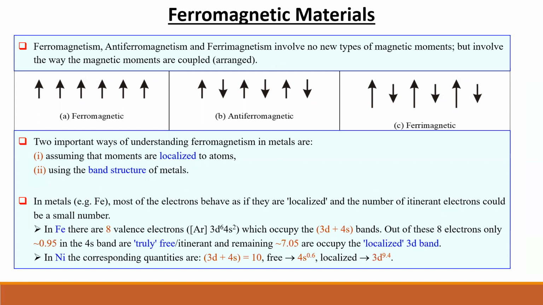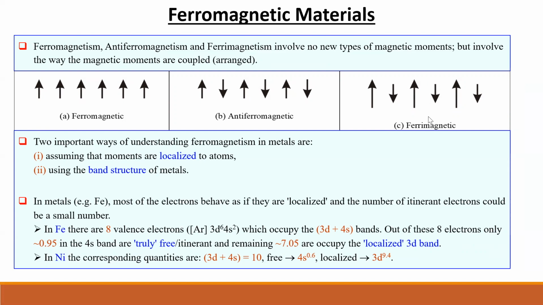The next category of materials are ferromagnetic materials. Ferromagnetism, antiferromagnetism, and ferrimagnetism involve no new types of magnetic moments, but involve the way the magnetic moments are coupled. In ferromagnetic materials, all the magnetic moments are aligned in the same direction, whereas in antiferromagnetic materials, the up and down magnetic moments are oriented in opposite directions, leading to zero net magnetization.